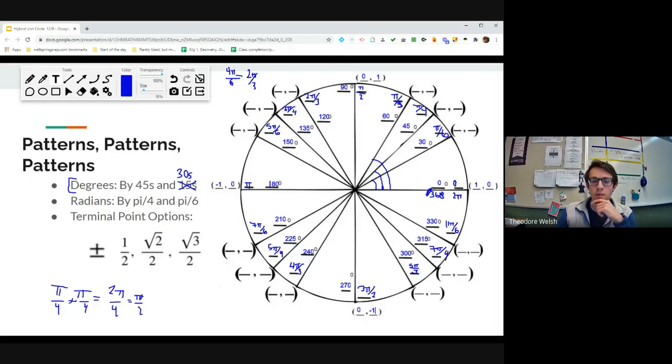With all of these other terminal points, I know it's always some combination of these 3 fractions: 1/2, root 2 over 2, and root 3 over 2. One thing that I know is that if you're able to notice the first quadrant, you can apply it to the rest.